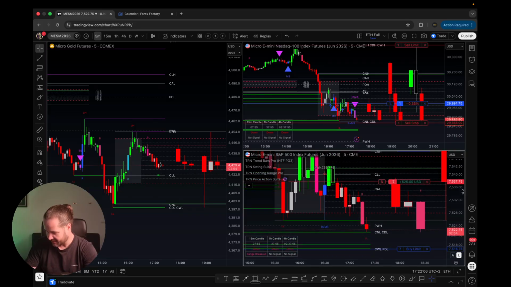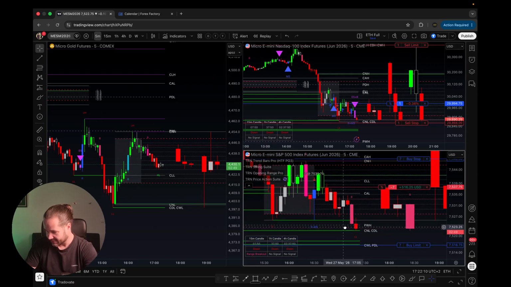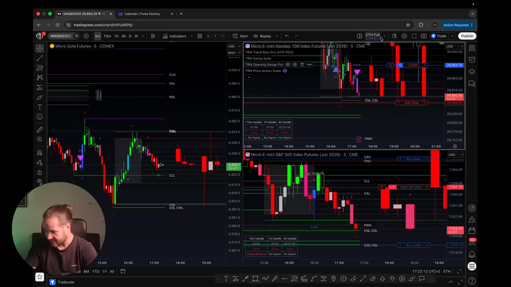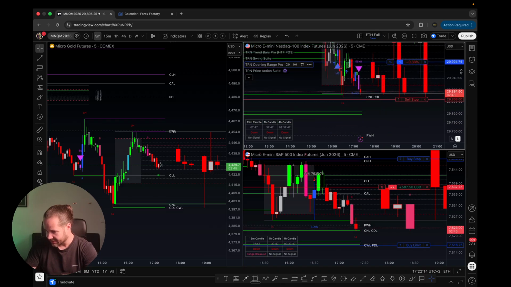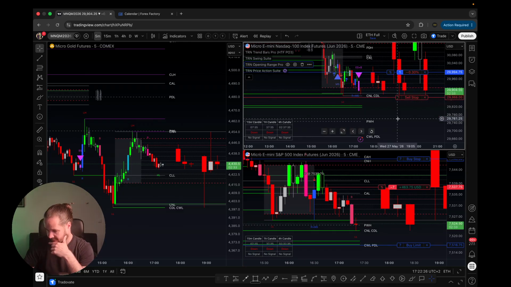You're very close, very, very close here. And also close to my stop loss here on NQ. It's a tough situation, honestly. The reversal, we need it now, honestly. We really need it now.